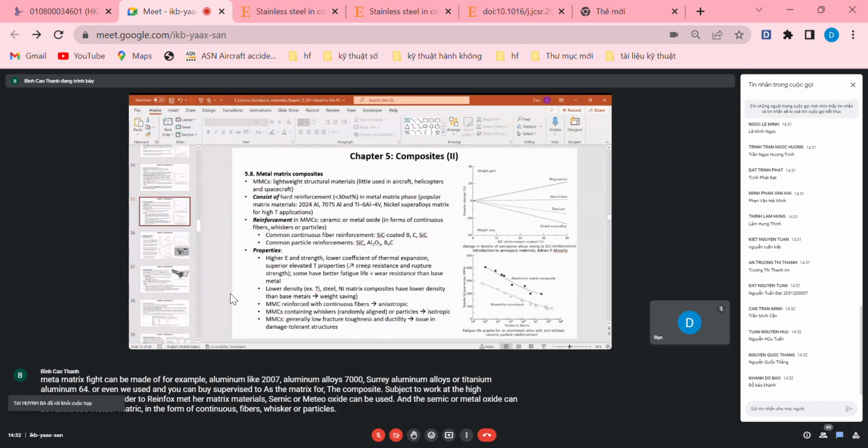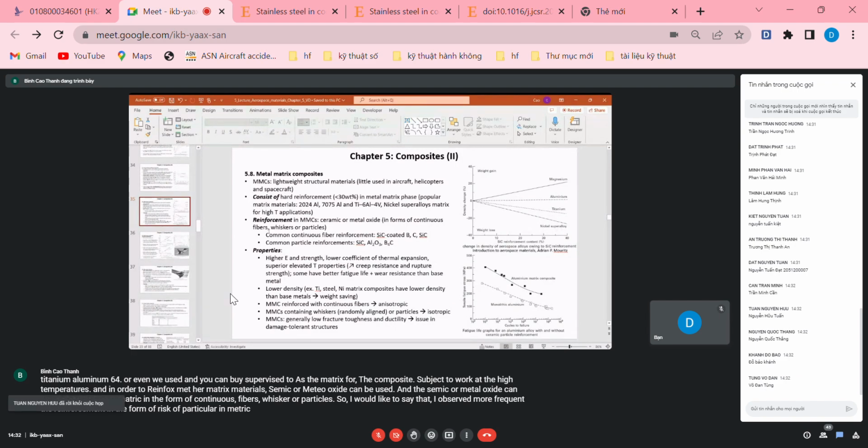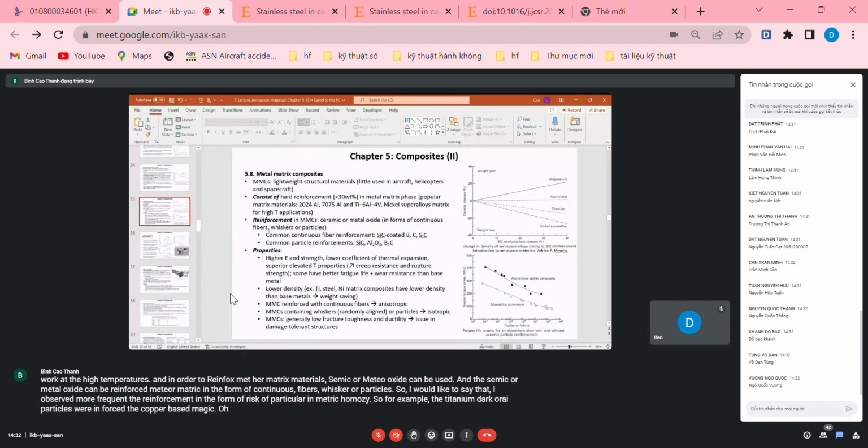particles. So I would like to say that I observe more frequently the reinforcement in the form of whisker or particle in metal matrix composite. For example, titanium diboride particles reinforce the copper-based matrix, or the ceramic phase particle reinforces the aluminum matrix, rather than using continuous fibers like in the case of fiber reinforced polymer composite.